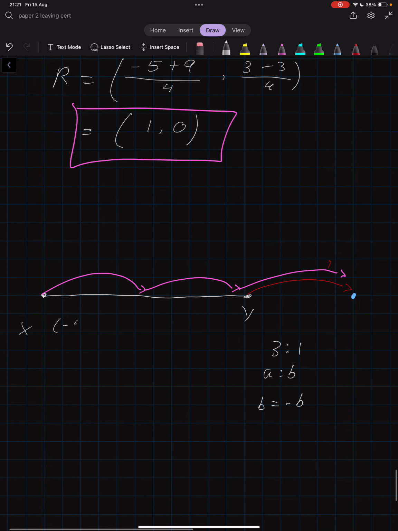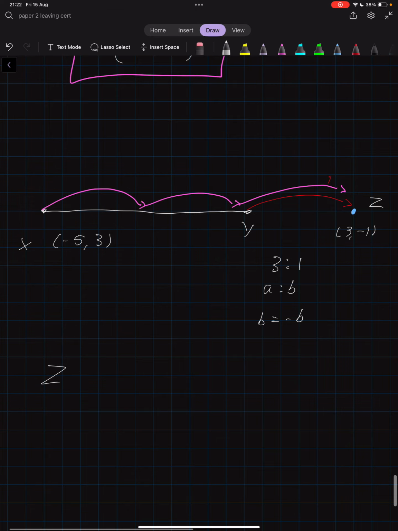So it's -5, 3 and 3, -1. Now this point, if I call it Z, Z is equal to.